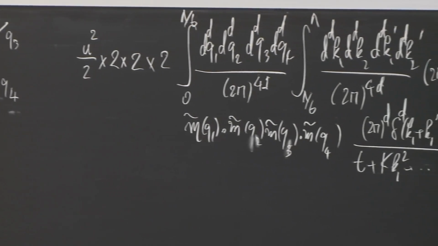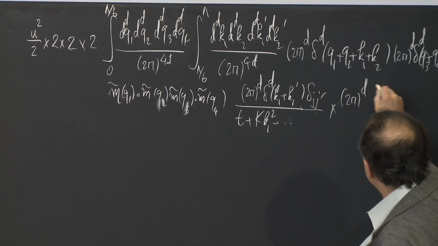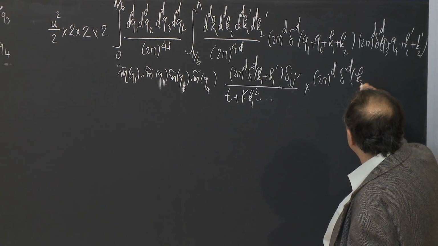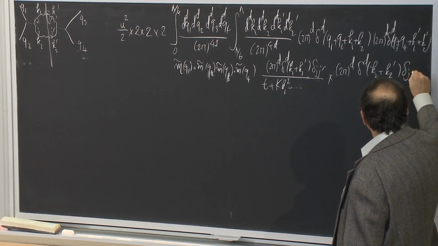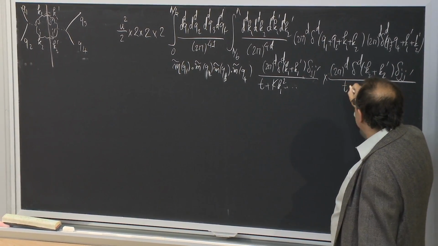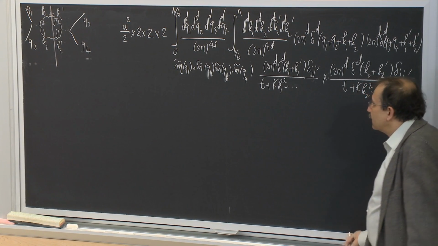And from the lower two that I have connected together, I have 2 pi to the d, delta function k2 plus k2 prime, another delta j, j prime, t plus k, k2 squared, and so forth. Okay?